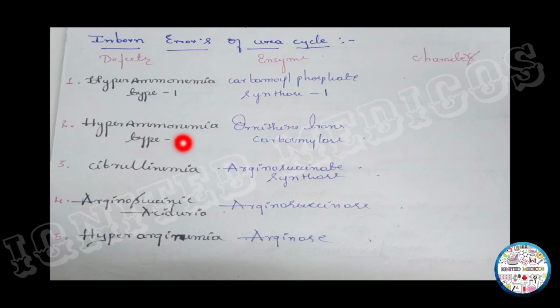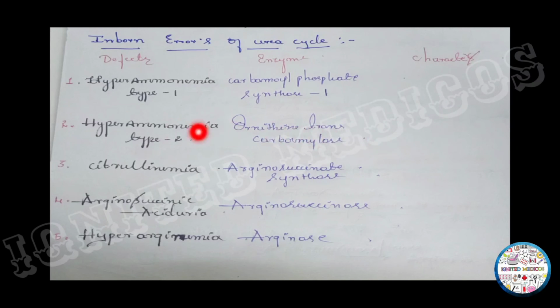Next, hyperammonemia type 2 occurs due to the deficiency of ornithine transcarbamylase. This is a step 2 enzyme. The substrates in this reaction are ornithine and carbamyl phosphate.